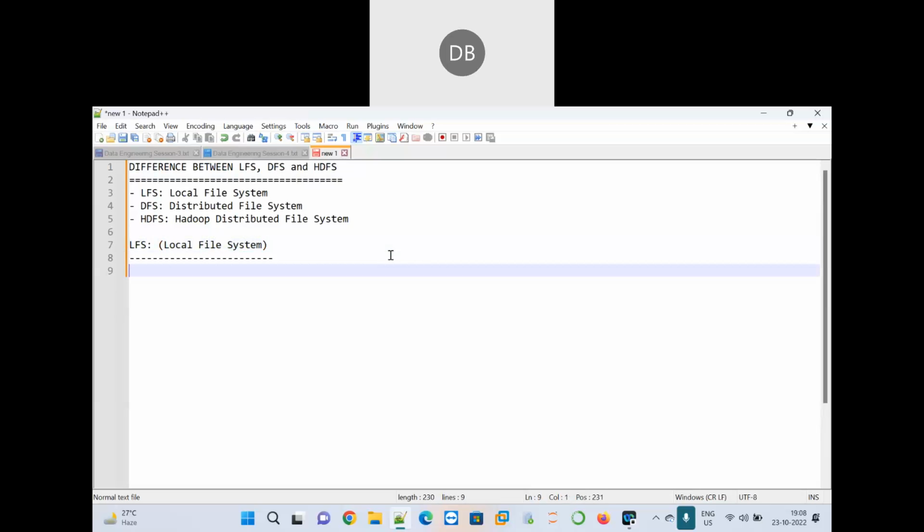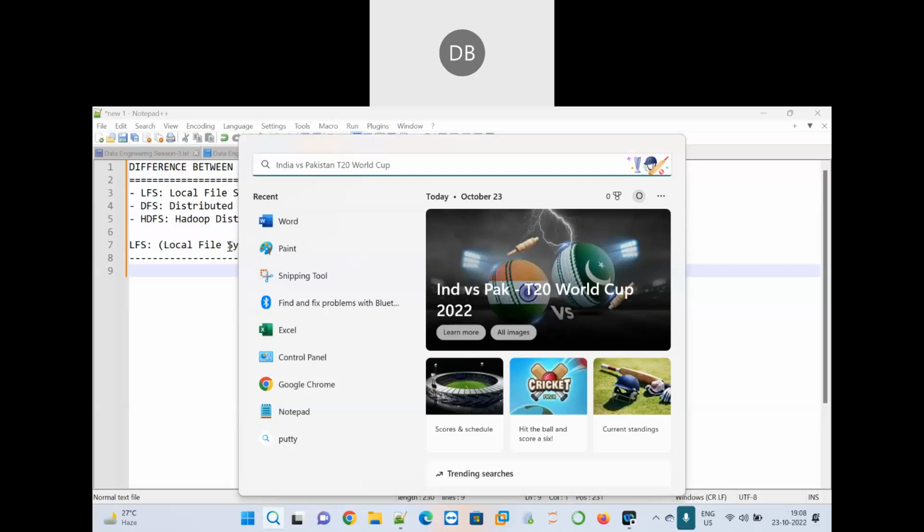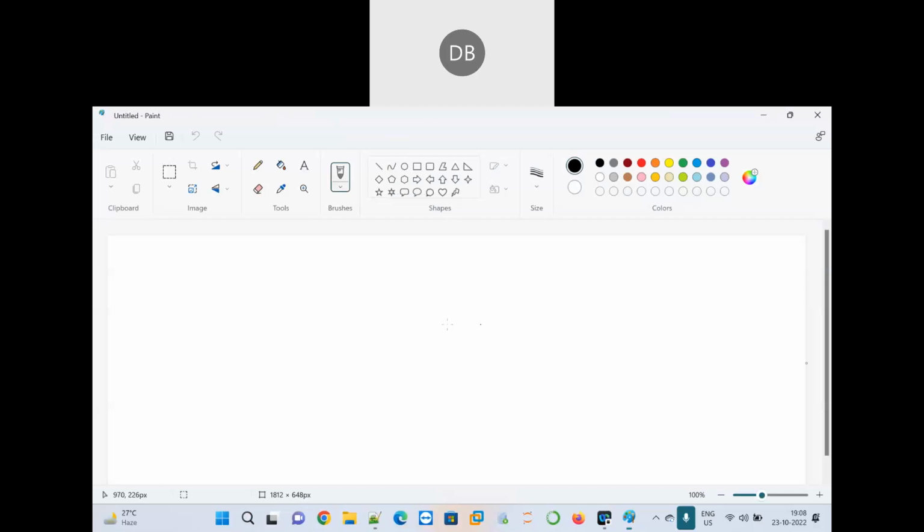What are the advantages and disadvantages of local file system? Local file system means, let me take the help of a pen. Let me draw a diagram.